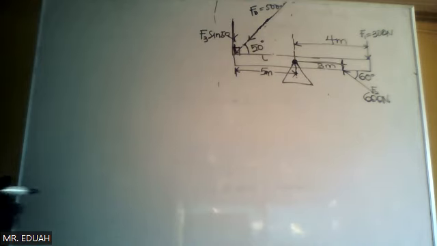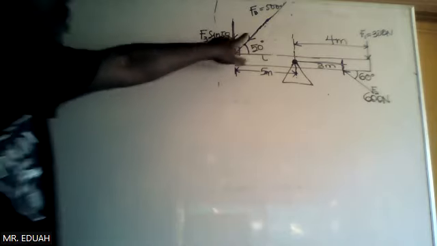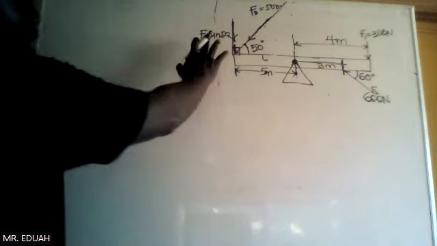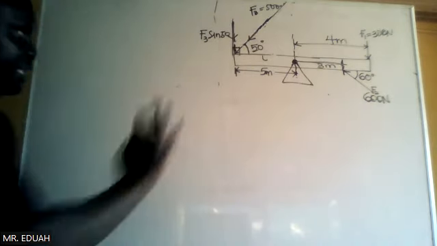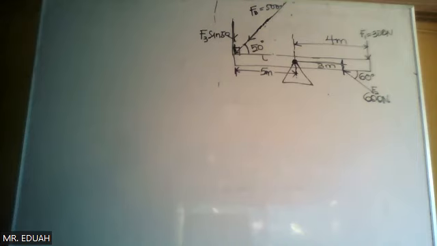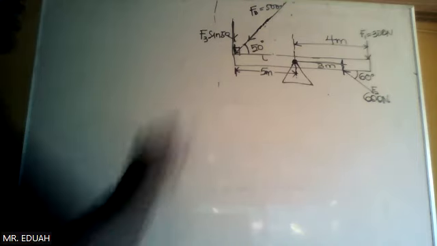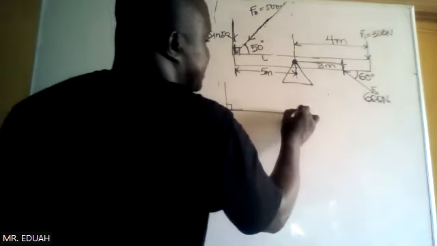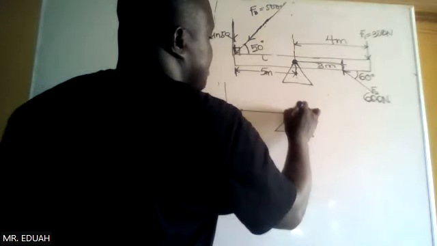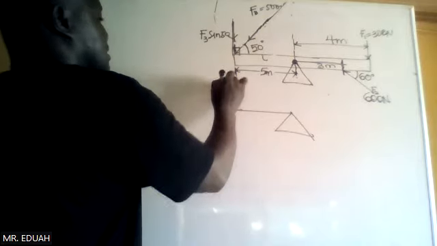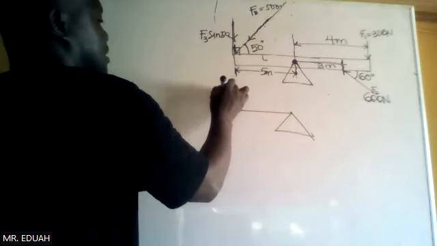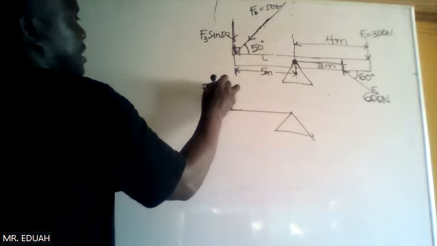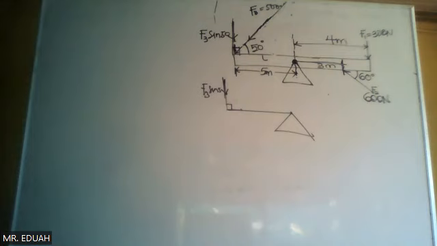We only have to resolve the force. So F sine 50. I don't need the horizontal component because I need a component which is perpendicular to the distance. So F3 sine 50.